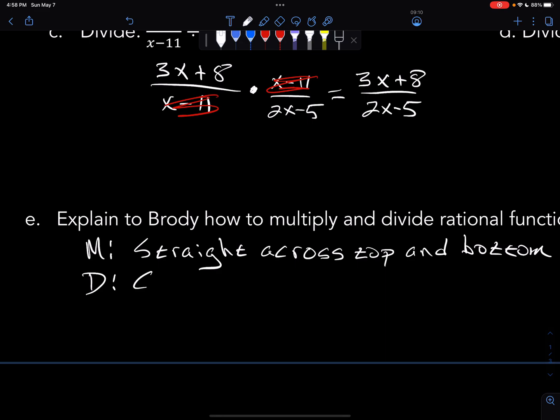To divide, copy dot flip still. And then we always try to cross cancel if possible.